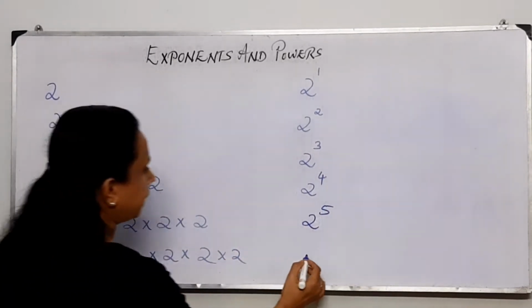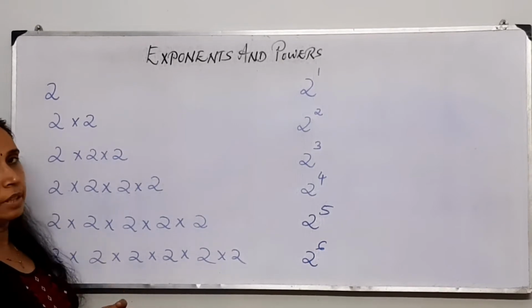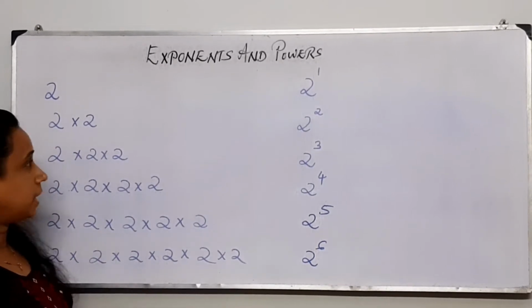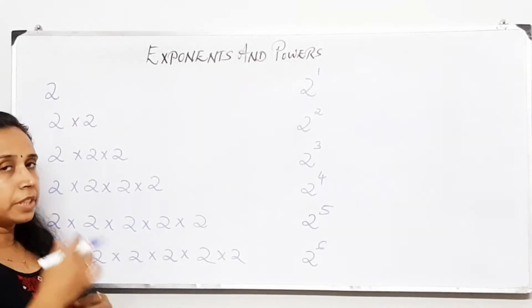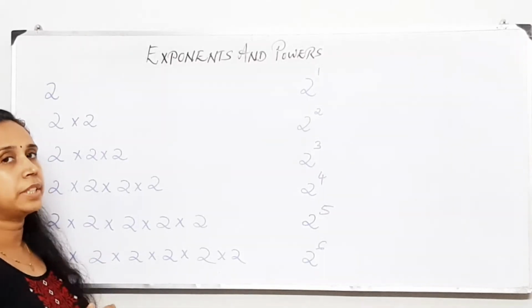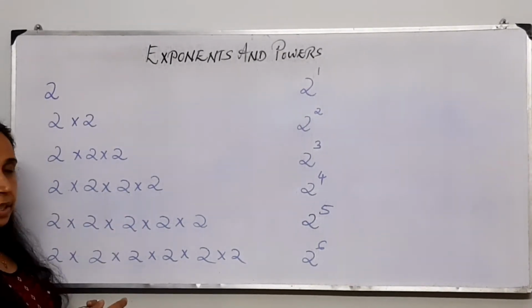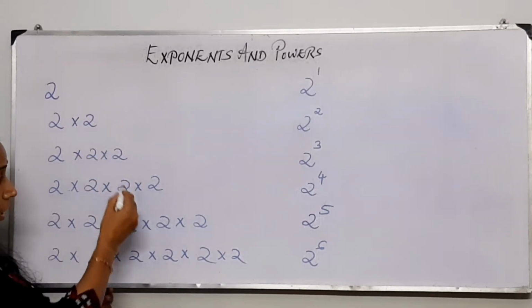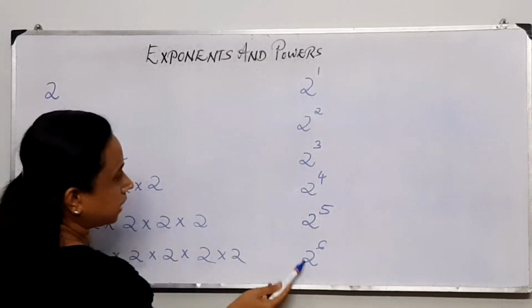Now next one we can write this way. So if it is kept on being multiplied by itself, this multiplication sign is given. If there is repeated addition, we use the multiplication sign. If we are given repeated multiplication, that is, 2 kept on being multiplied by itself, we can write in this manner.